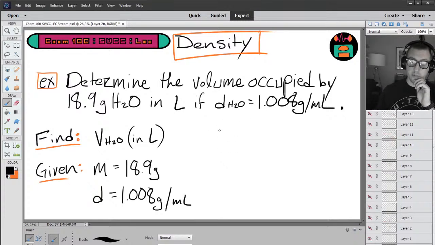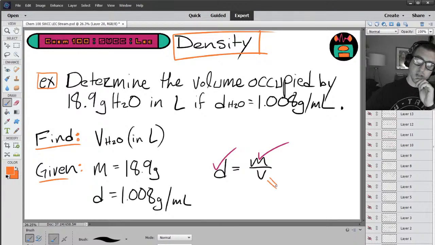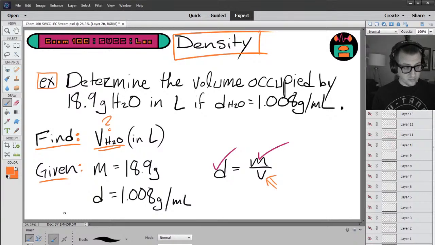It will be useful. The density of water is equal to its mass over its volume. We've been given density and mass, so this equation will allow us to find the volume, and the volume is what we're after in the first place. So we have some algebra to do.